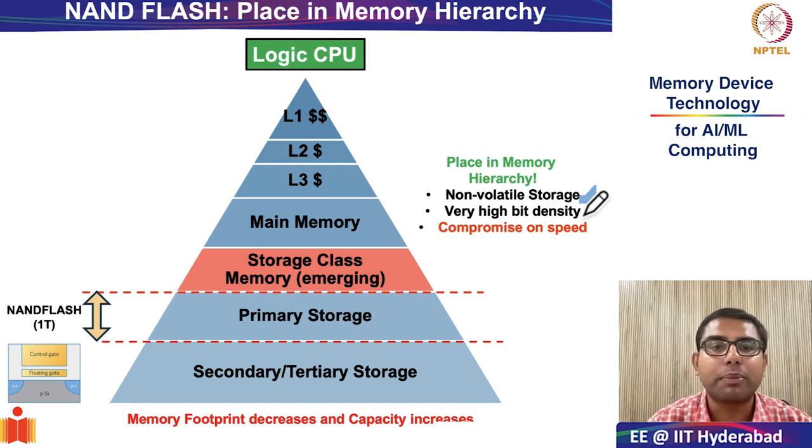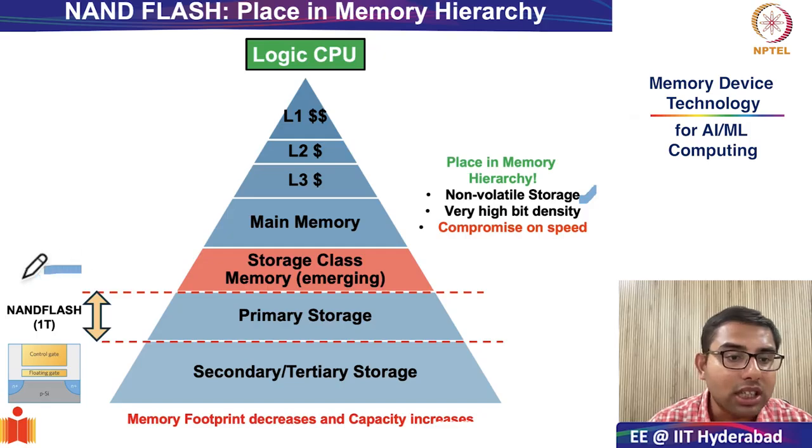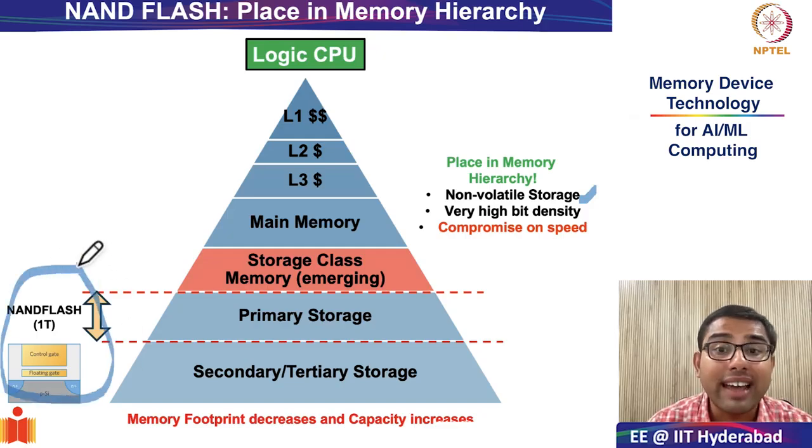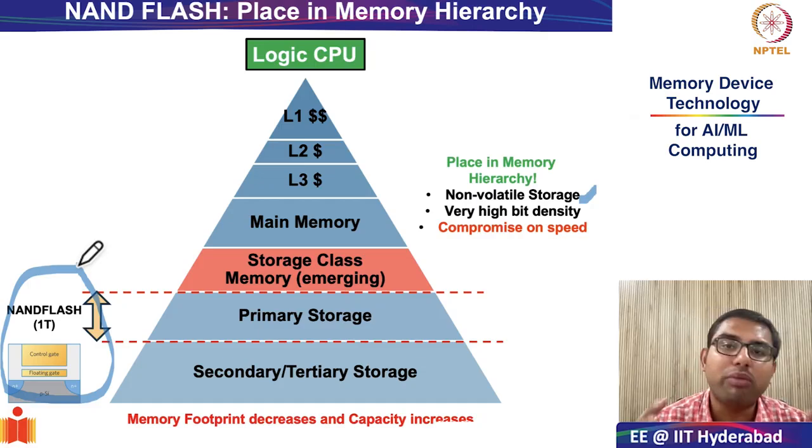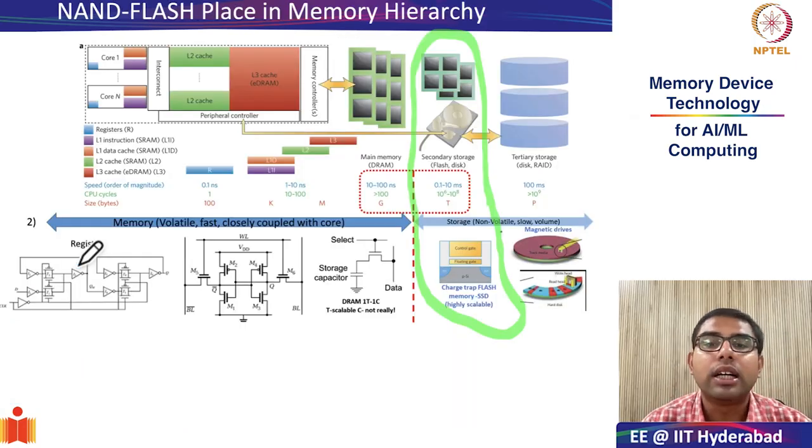Near the logic subsystem, you have the 6T SRAM cell, the 1T1C DRAM cell. So they occupy a significant amount of space. Now we will begin our study of the non-volatile storage element known as the flash cell. And then we will go to NAND flash, where the focus is on high bit density while compromising on the speed.